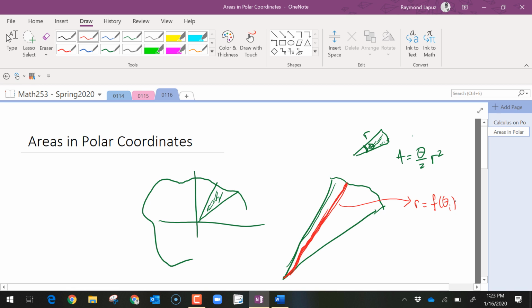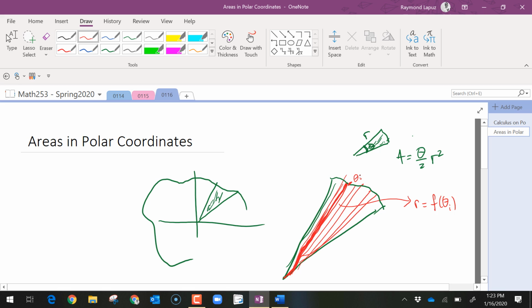And we're going to imagine that we partition this into little bits and pieces of sectors, right? And so at some angle theta sub i, we put that into the function and we're going to get the radial distance. So that's going to describe the radius. Now, theta sub i and theta sub i minus 1 might have two different radial distances, right?